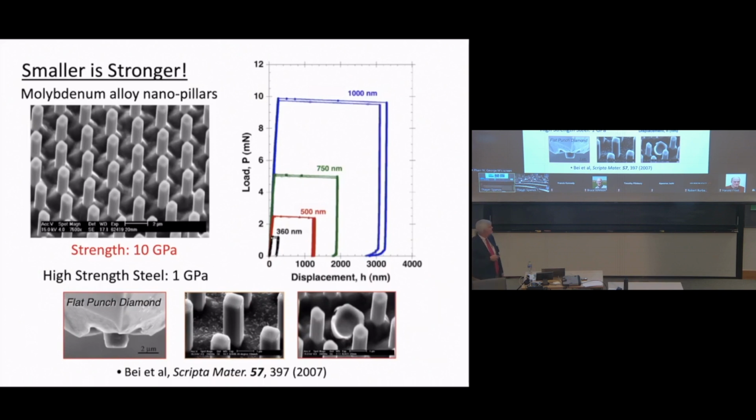But to put that in context, a lot of very high-strength steels have a strength of about 1 gigapascal. So this stuff is 10 times stronger than high-strength steel. Okay? And it was those kinds of observations that we saw a lot of in the 2000 period.